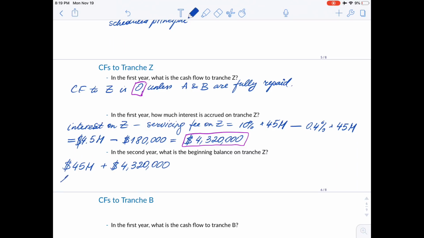And that is the beginning balance plus interest accrued. Okay, so that is going to be $49 million, 320,000. That's a starting balance on tranche Z in the following period.